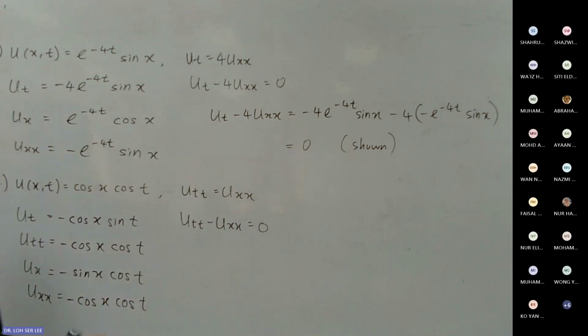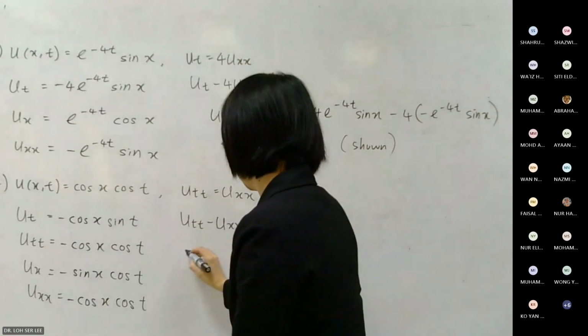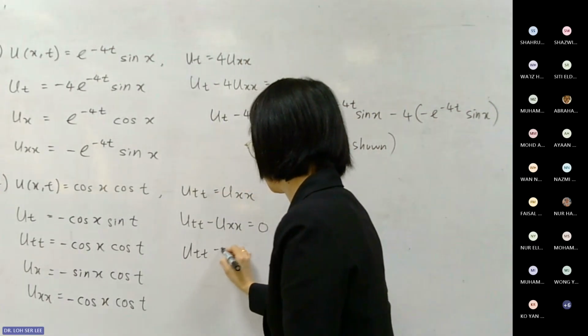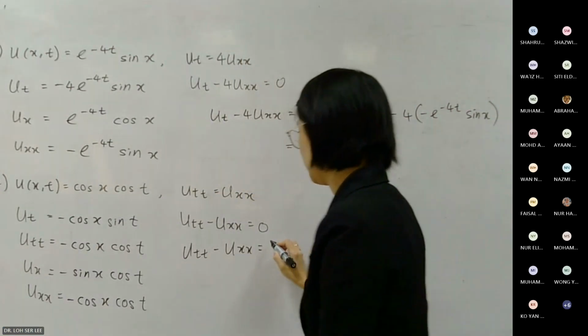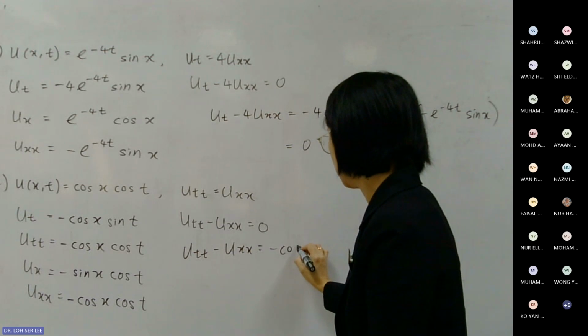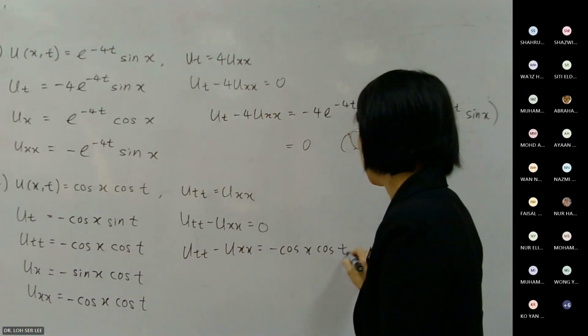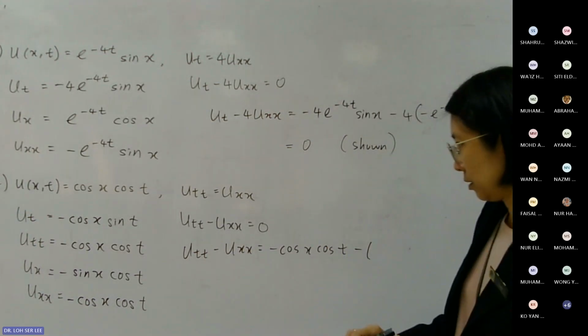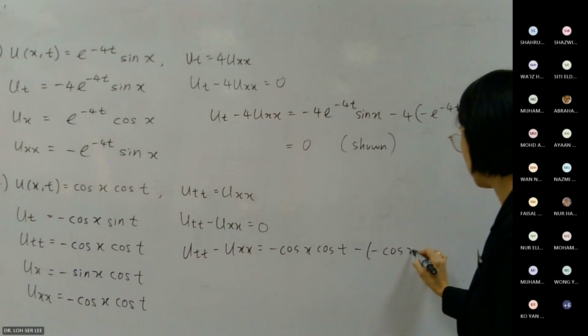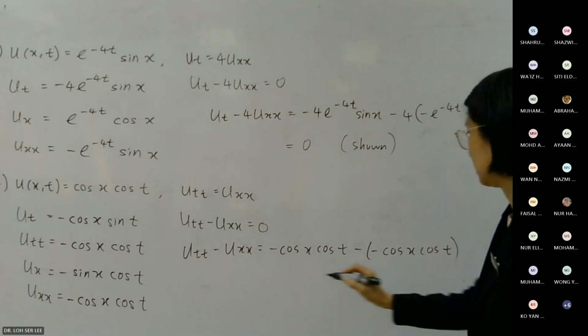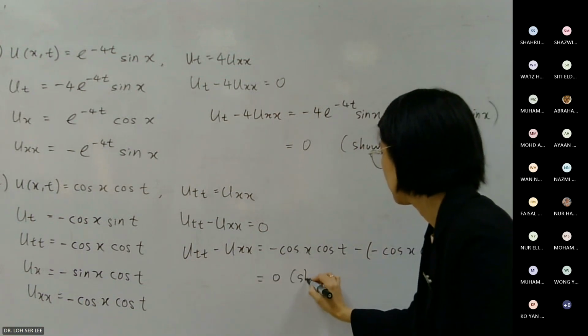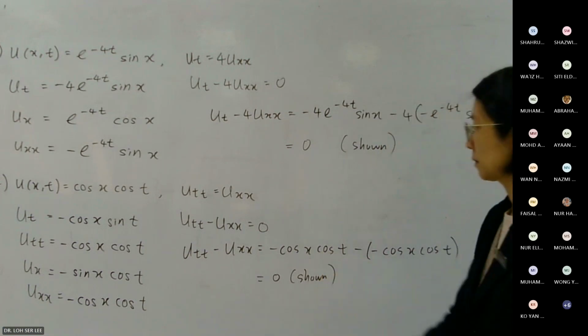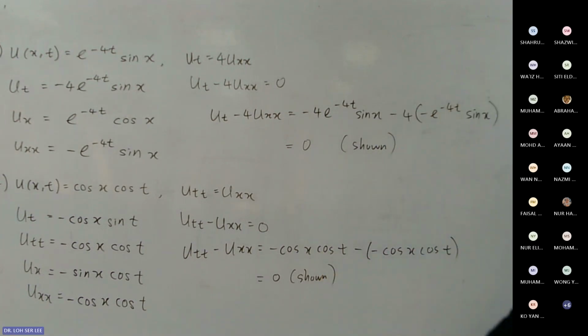So we start from the left-hand side. utt minus uxx. We have shown that it is equal to 0.